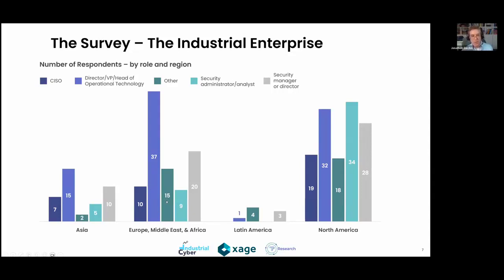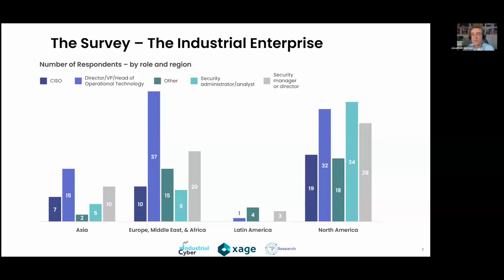And you see here, CISOs, 19 from North America, etc. So I won't pull this apart any further, but it's definitely worth coming back to when you review the report itself in detail.